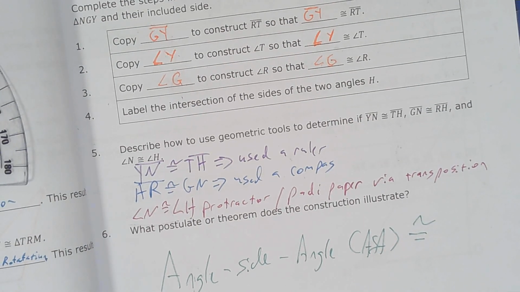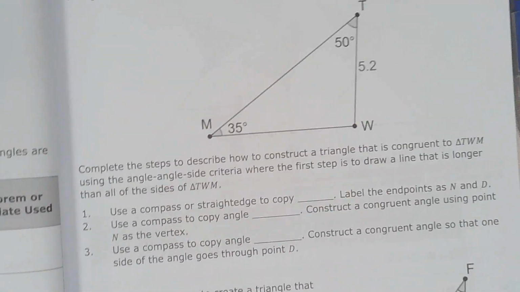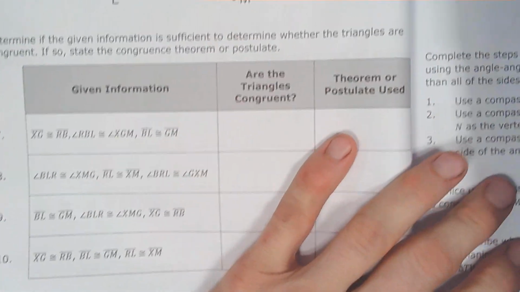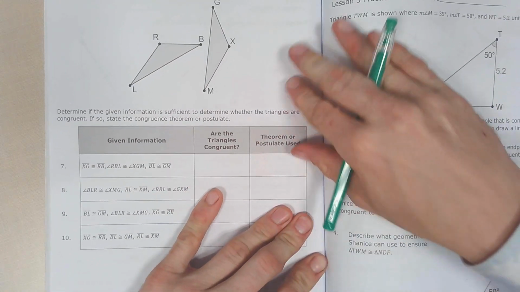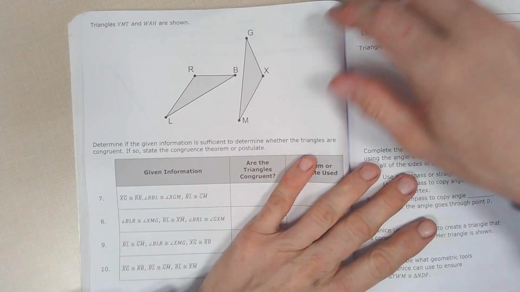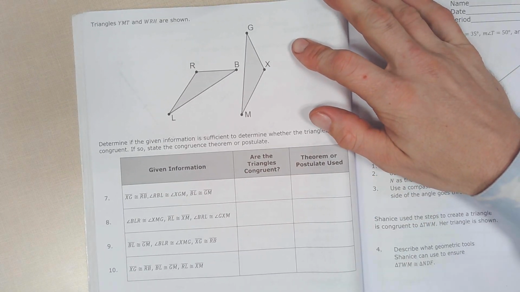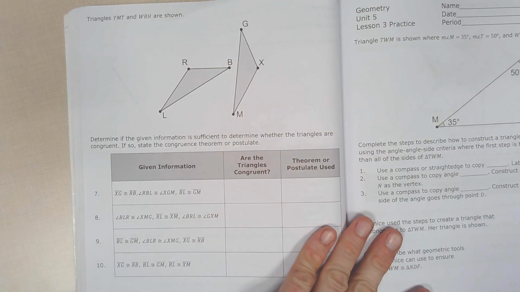All right, so that was the first set. All right, so the second, move the camera around a little bit, maybe zoom out. Okay, all right, so we have two triangles shown. I'm going to see if I have YMT.